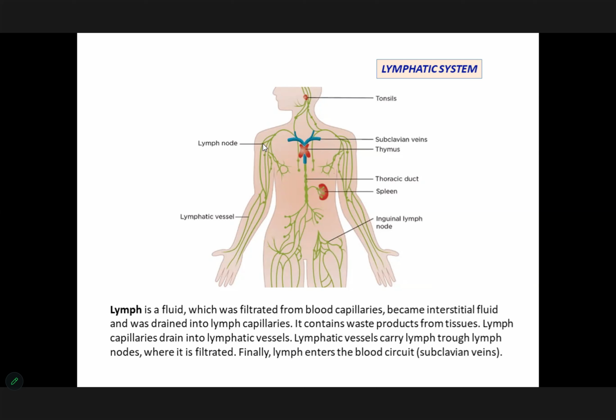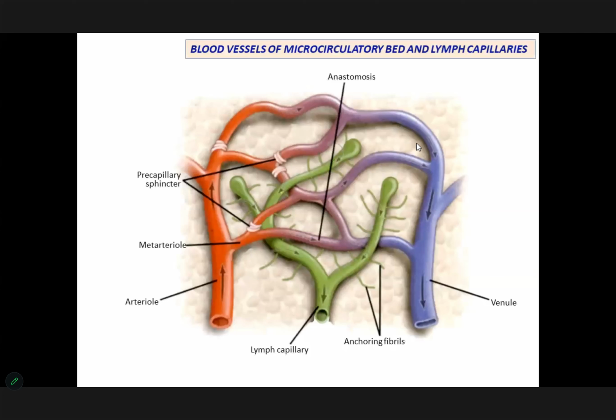So lymph flows through lymph nodes where it is filtrated. It means in lymph nodes, pathogens, bacteria, tumor cells will be caught and the lymph will exit in its filtrated state. It will not be dangerous anymore. And this non-dangerous lymph finally will enter the blood circuit, into the subclavian veins.